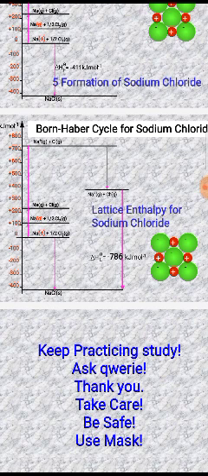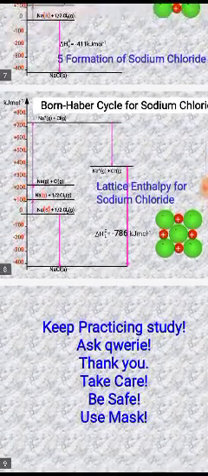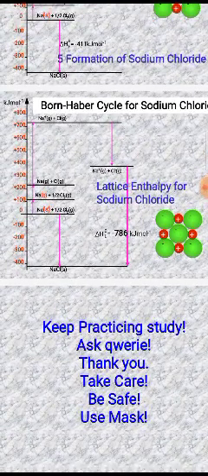So, this Born-Haber cycle is explained with the example of sodium chloride and how they get together. The ionization comes first, and after that when they get together there is the heat of formation, and there is the formation of NaCl. So the overall reaction is on the last slide; you have to explain it in a clear manner.